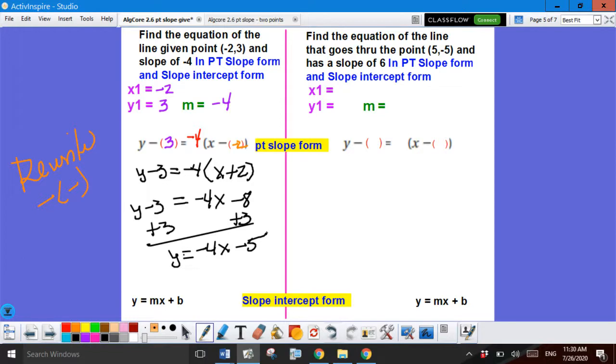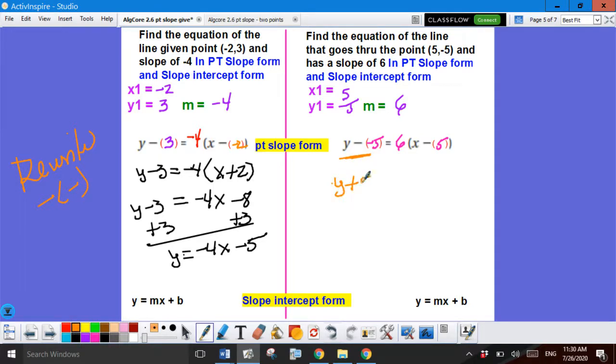Okay, go ahead and hit pause and see what you can do with the next one. Okay, let's see how you did. First spot is negative 5. Second spot is 6, and then I have my positive 5. So this time when I'm rewriting, the double negative is here.